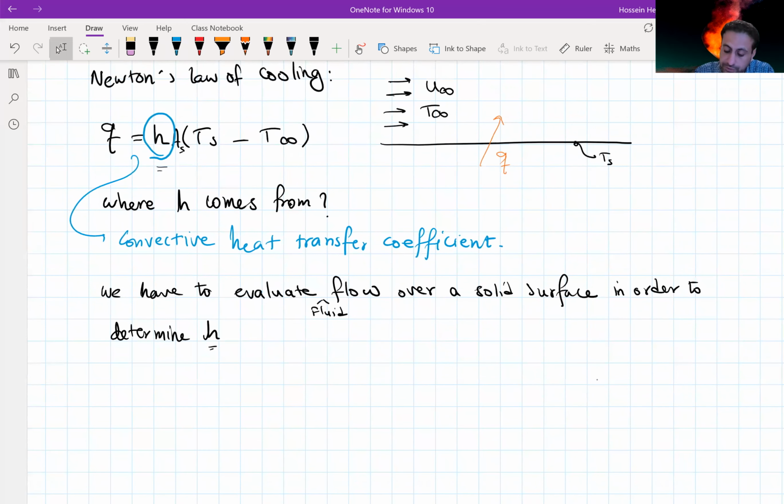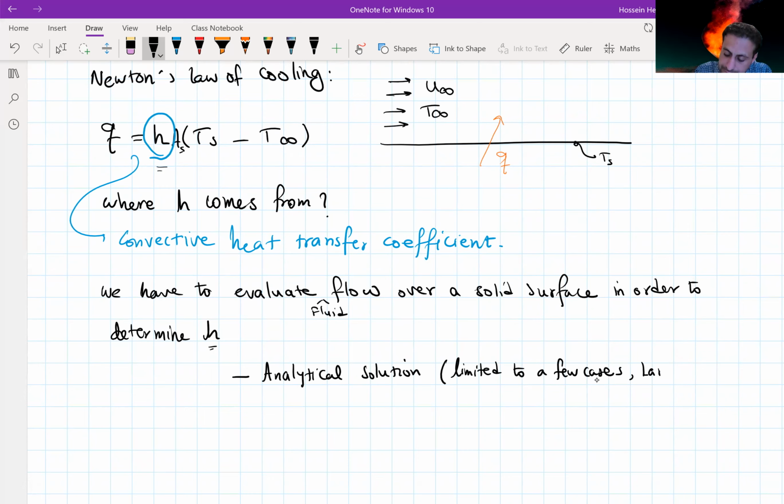Now, when we want to evaluate that, we can get h by solving the flow equations over a solid surface. For simple geometries and laminar flow, we can have an analytical solution, and through these analytical solutions, we can obtain h, the convective heat transfer coefficient. However, the solution is very limited to a few cases, mainly the laminar flow regime.